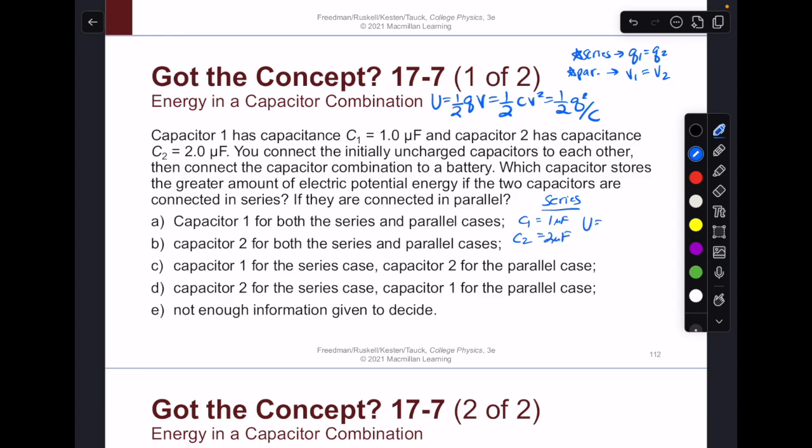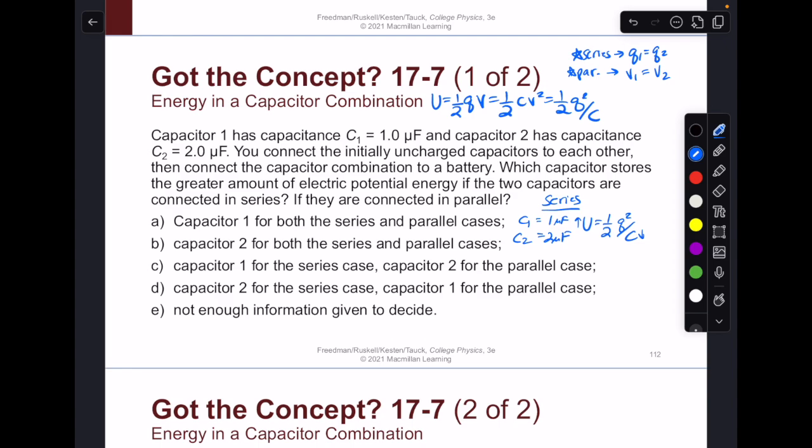So if we take a look at this energy equation, we want to see the parameter that is constant, which is Q, and we want to see C. If C is small, then U is going to be big. So C1 is going to have the greater potential energy because its capacitance is smaller. Capacitance is in the denominator.